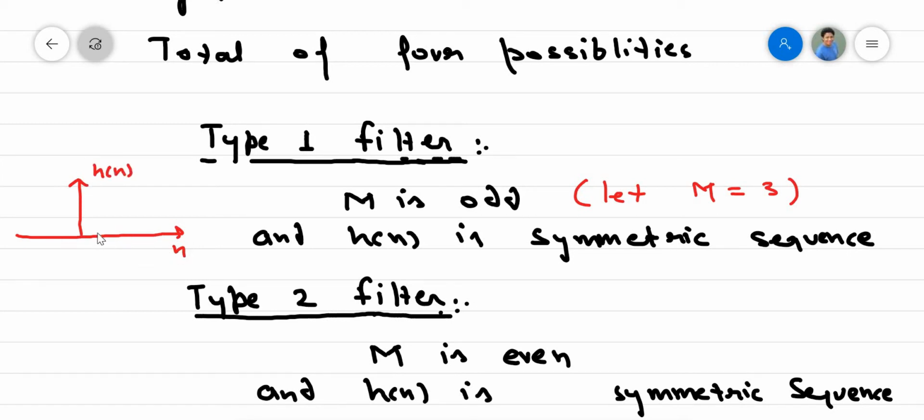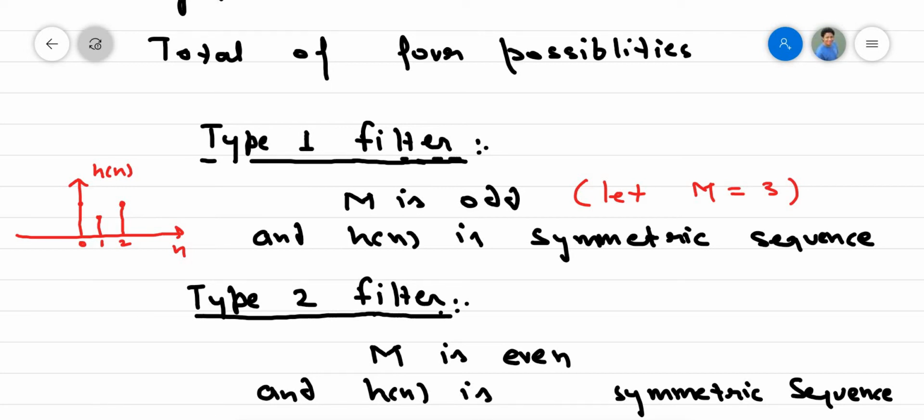So our sequence will be like 0, 1, 2. Then it is like this, and so it is having a symmetric sequence across this central point, that is 1.